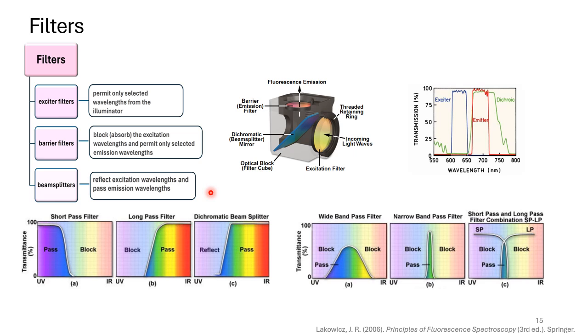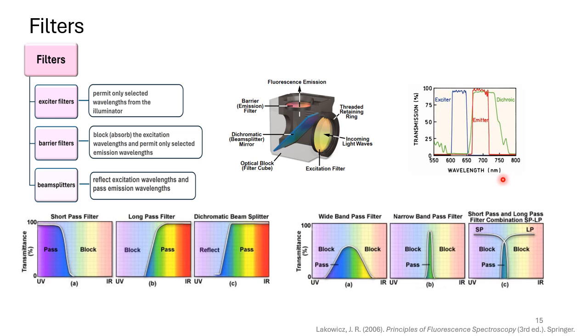Barrier filters are designed to suppress or block the excitation wavelengths and permit only the selected emission wavelengths to pass towards the eye or other detector, whereas the dichroic mirrors are specialized filters which are designed to efficiently reflect the excitation wavelengths and pass the emission wavelengths.